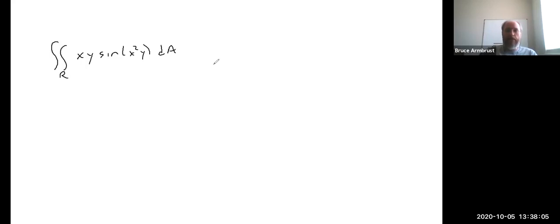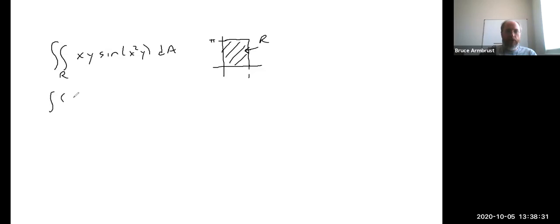But again, the region looks like this. We're going from 0 to 1, and we're going from 0 to pi in the y. So there's our R. But we like rectangular regions, right? Rectangular regions make it so that the bounds are always constant.